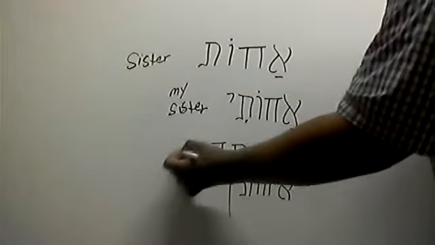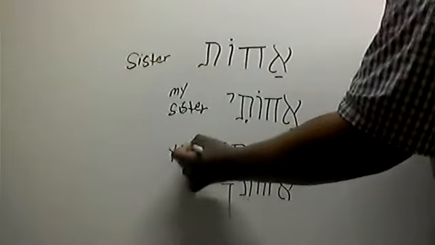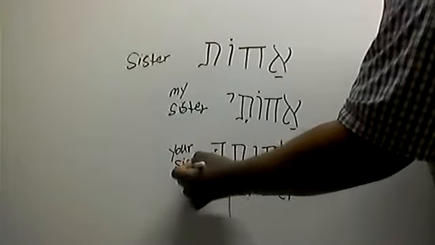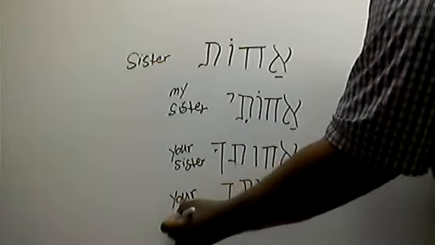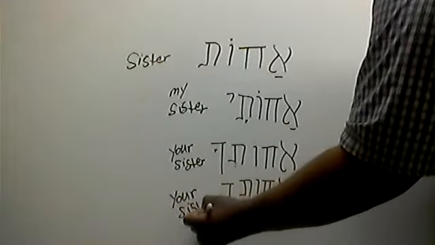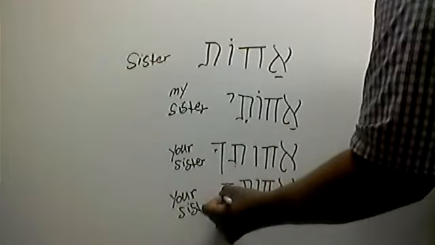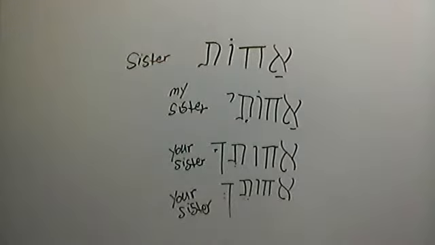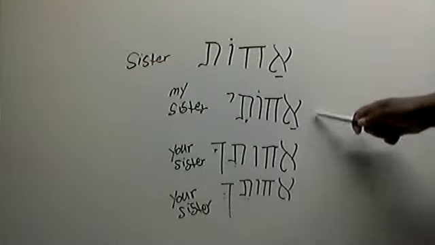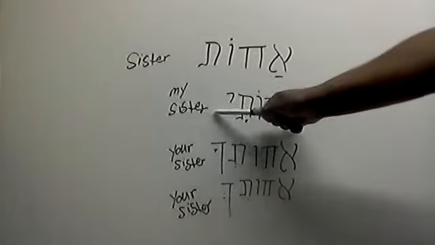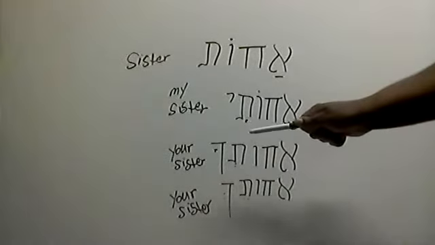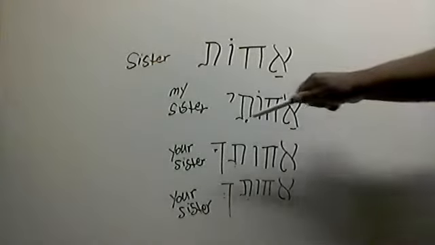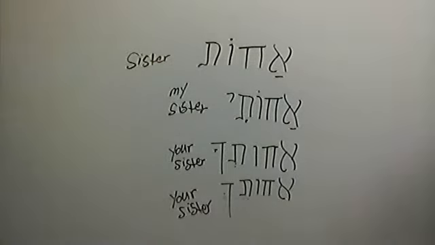My sister, your sister, and your sister. We're speaking to a female. Achot. Achoti. My sister. Israel is not Koti. It's Achoti. Okay? Which means my sister.